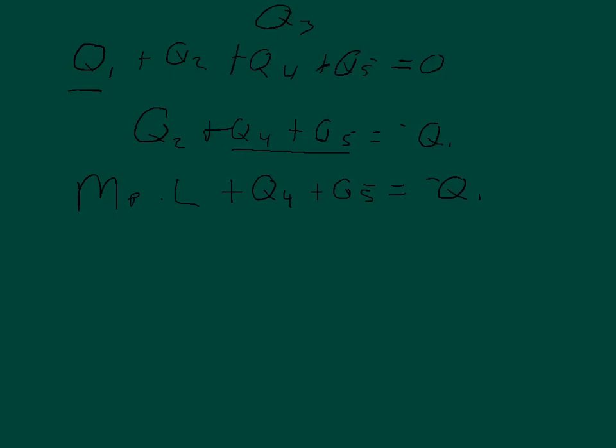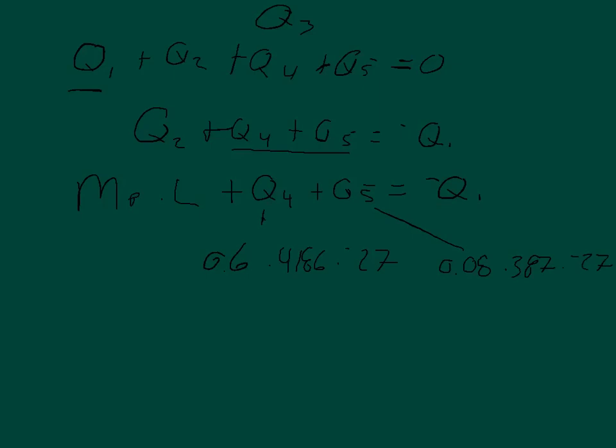So Q4, the warm water, was 0.6 kilograms times the specific heat of water, which is 4186, times the change of temperature, which is negative 27. And then Q5 was 0.08 kilograms of copper times 387 for the specific heat times negative 27. And so those are Q1 and Q4 and Q5.